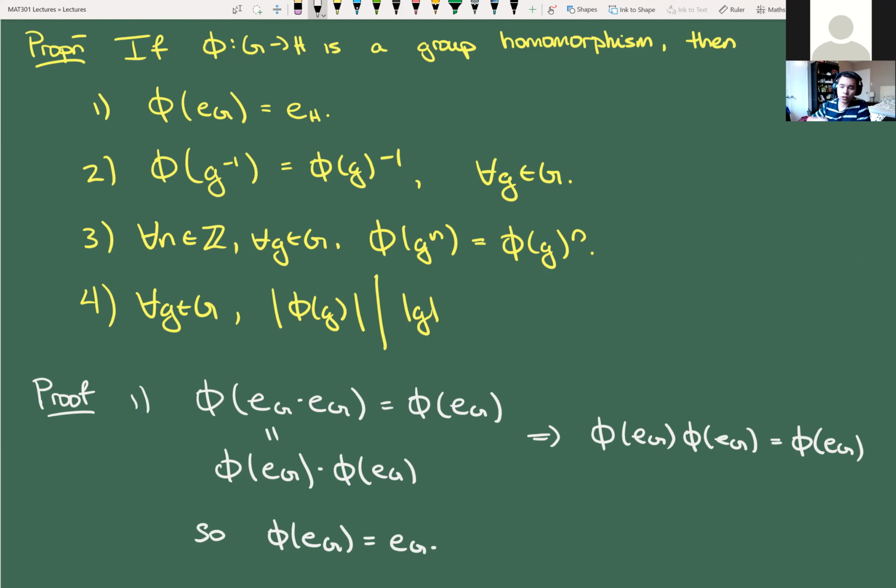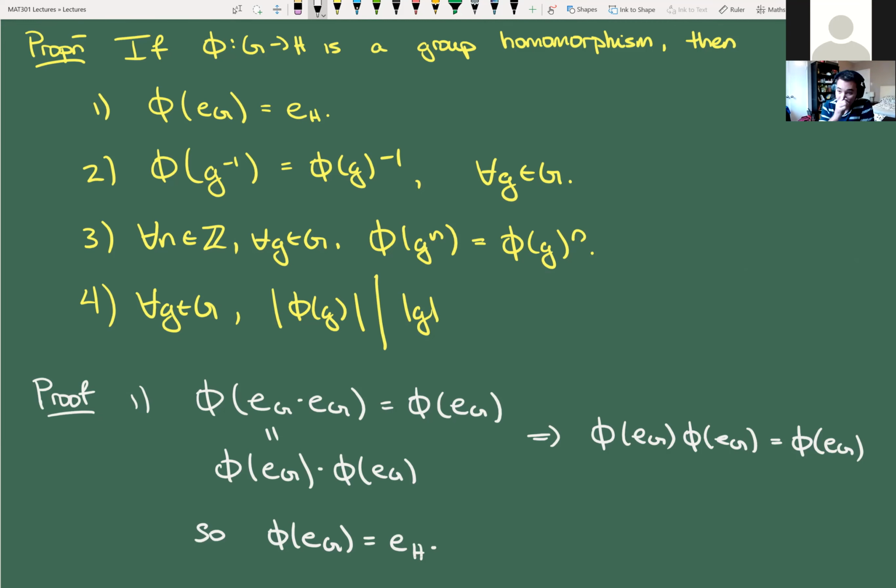So again, we can either say multiplication is cancellative in the group, or just multiply both sides of this equation by phi of e inverse, and that would give us that the identity element maps to the identity element. Shouldn't it be e sub H? Oh yeah, you're right, it should be e sub H, thank you.